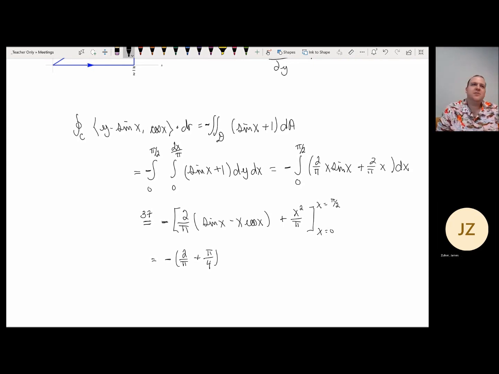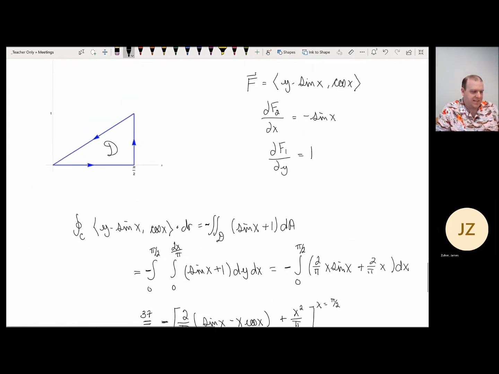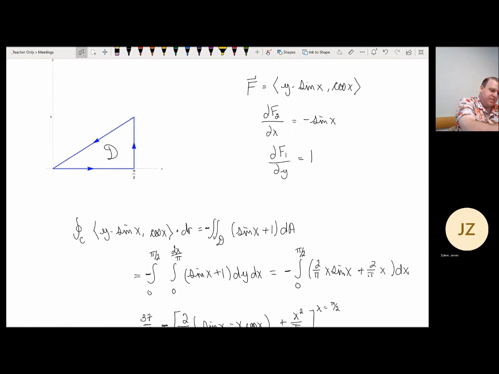Questions on Green's theorem? That's what this line is.